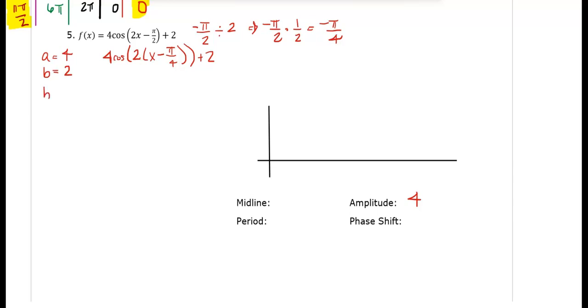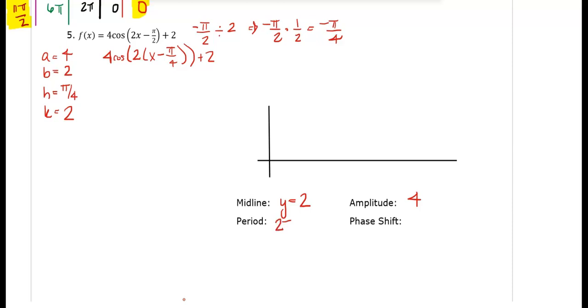And that's where we could say our h is equal to pi/4, and our k is equal to 2. So with that information, I can also know that the midline of my graph is whatever my k is, so it's y equals 2.